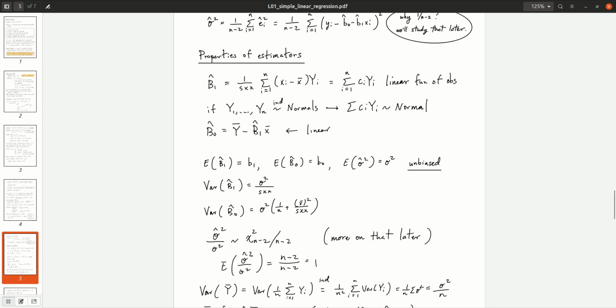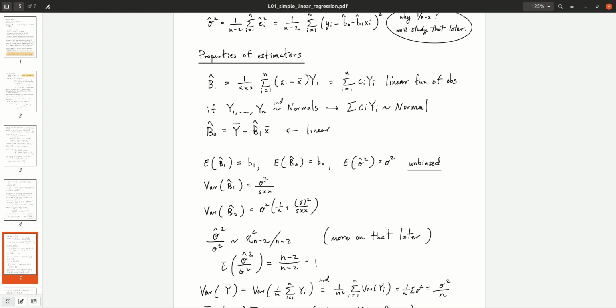It's important that it's a linear function because the normal distribution has this property: if you have capital Y1 to capital Yn, a collection of independent normals, then any linear function, also called a linear combination, of those random variables also has a normal distribution.